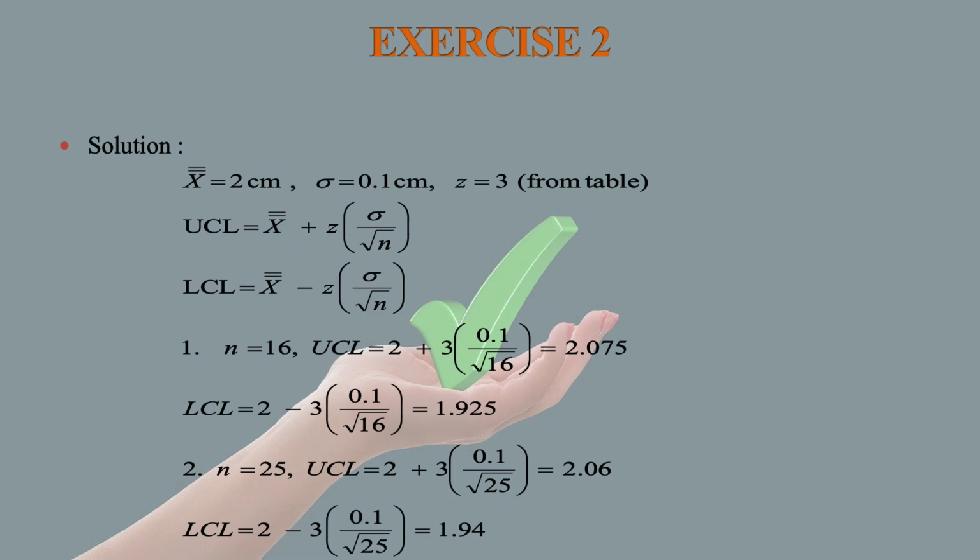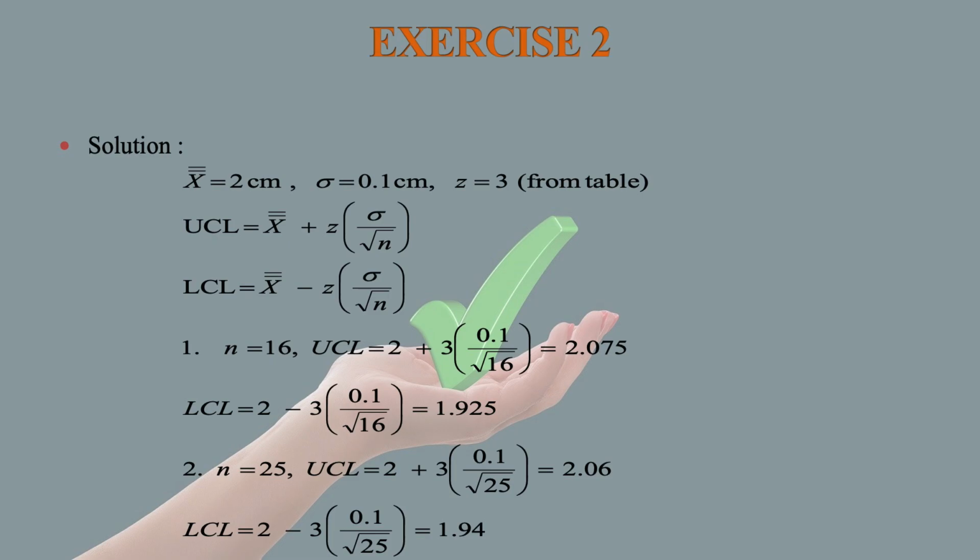So in this case n is equal to 16. So UCL is equal to 2 plus 3 multiplied by 0.1 divided by root 16, that comes out to be 2.075.